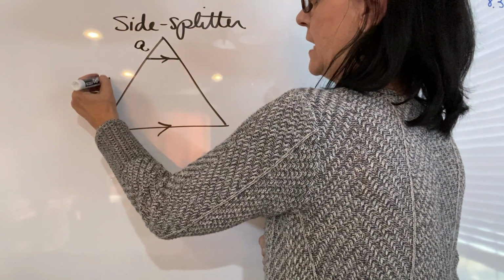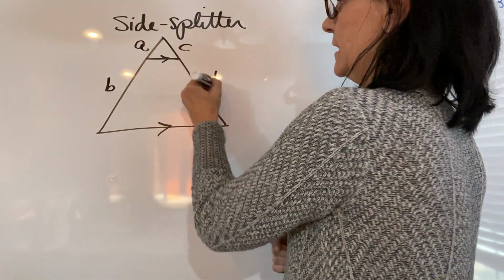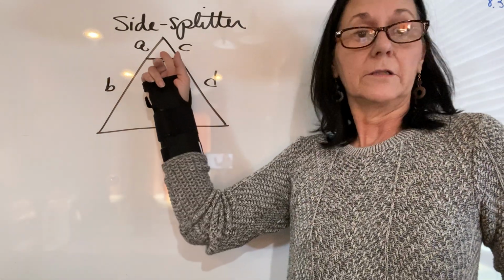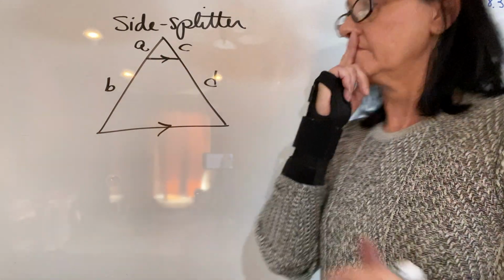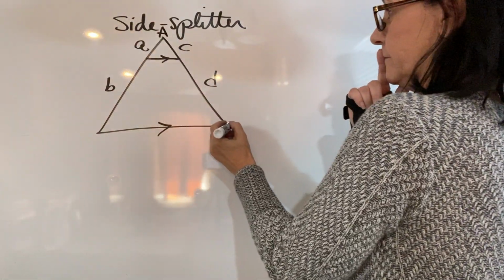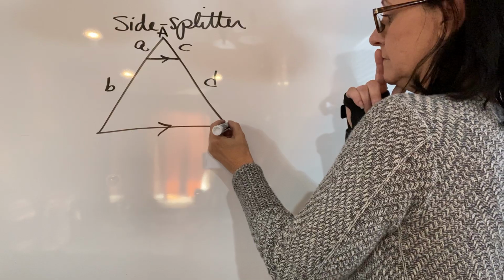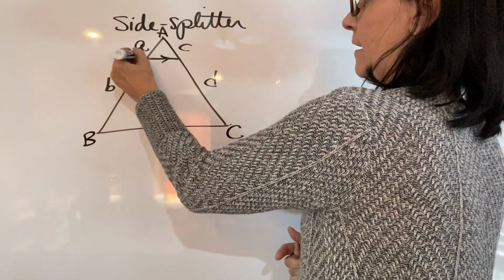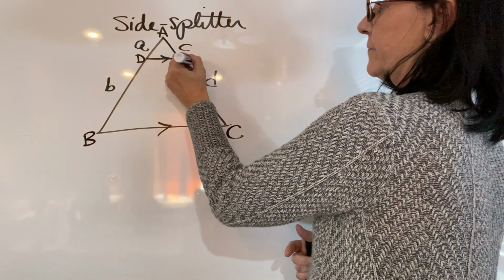I'm just going to label these sides A, B, C, D. I can prove to you that this little triangle at the top, I'm going to label the angles A, B, C, and I'll label these angles D and E.